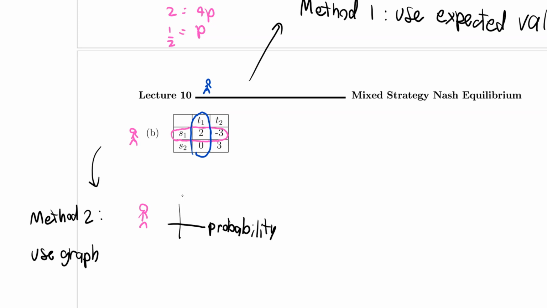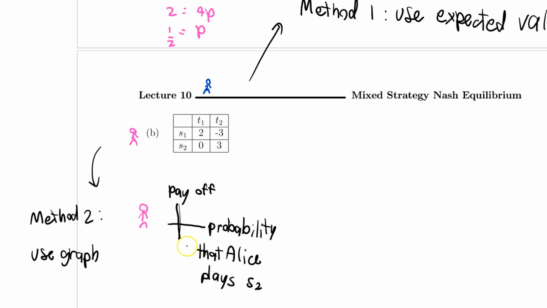In particular, this is going to be the probability that Alice plays S2. This is going to be the probability that Alice is going to play the bottom row, and the y-axis is going to be the payoff.